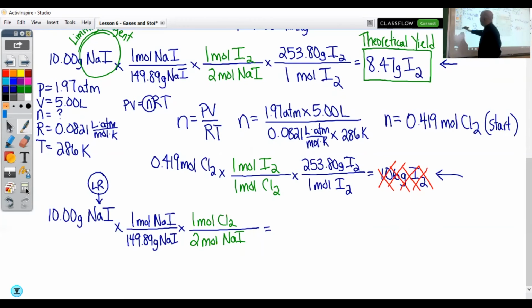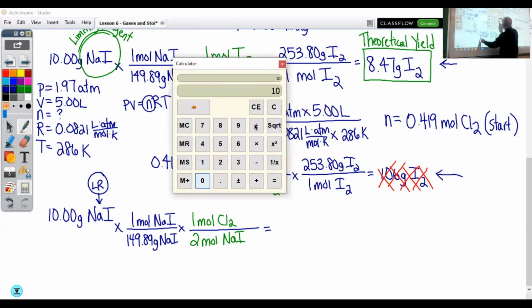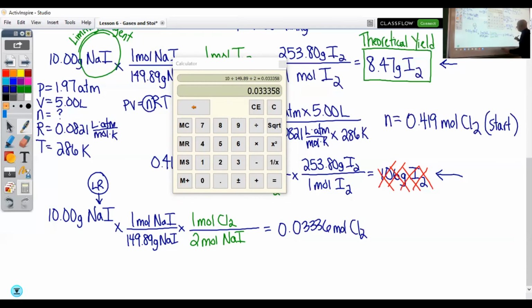So typing this part into the calculator, we have 10 grams divided by 149.89 divided by 2. We're going to go with 3 or 4 significant figures, 0.03336 moles of Cl2. Remember, this isn't excess yet, this is used.